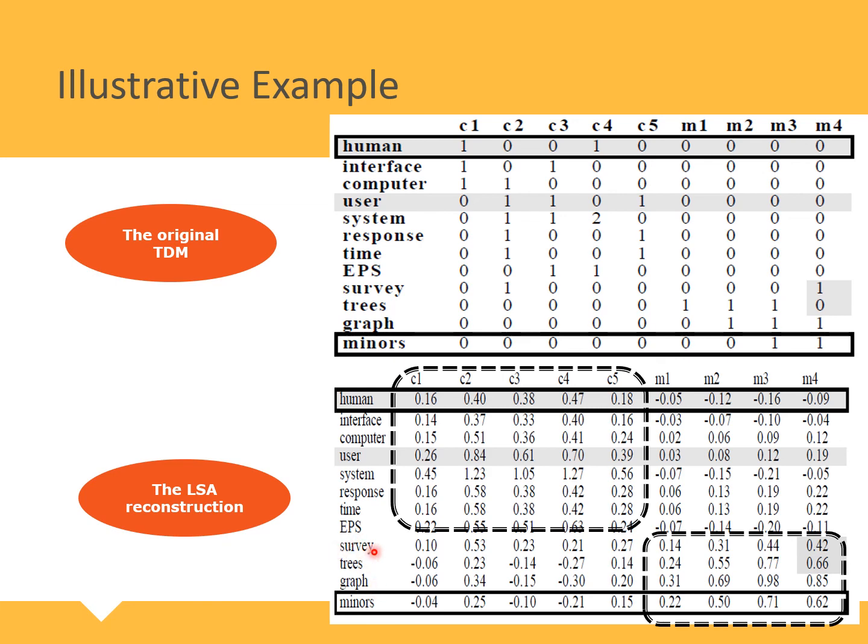But then these words which have lower weights for C1 to C5 have significantly higher weights when it comes to the documents from graph theory.